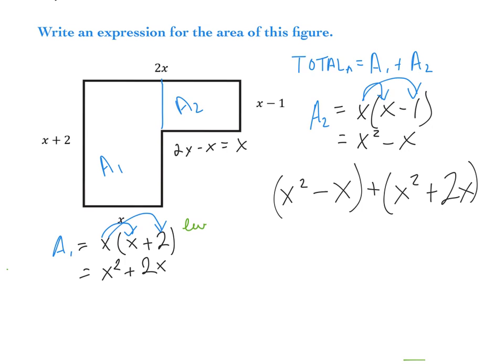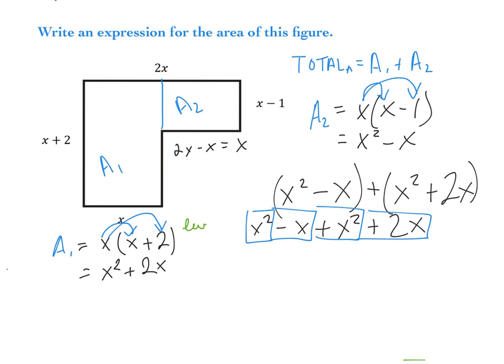Okay, and I'm going to follow what I've learned to do before. I'm just going to write it without the brackets. Now I'm going to group them. Now I'm going to organize them with the terms of the highest exponent first.